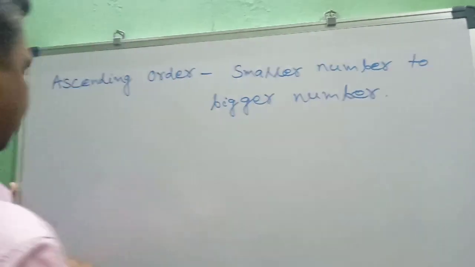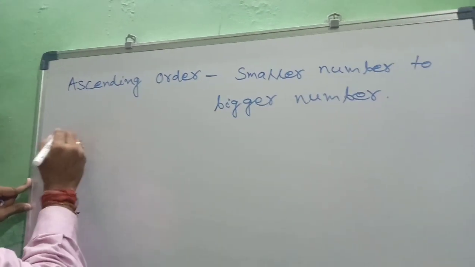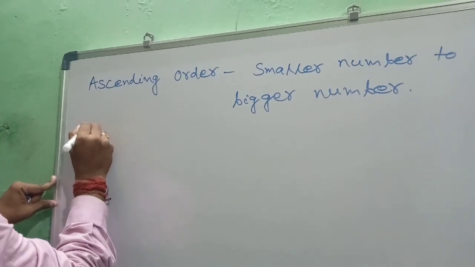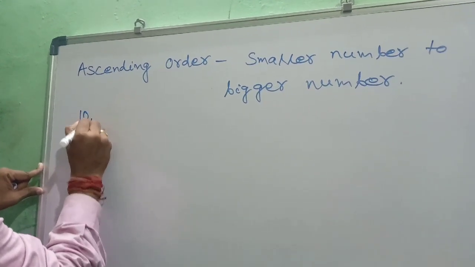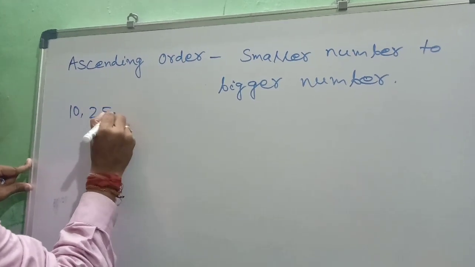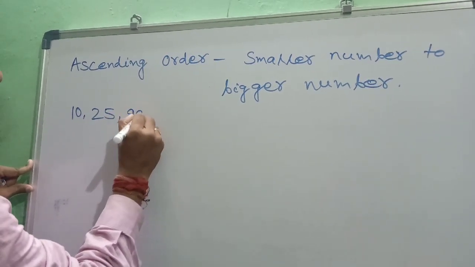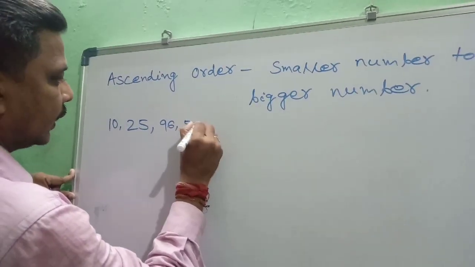Okay, let's take an example. Here I have written 10 crore 25 lakh 96,580.